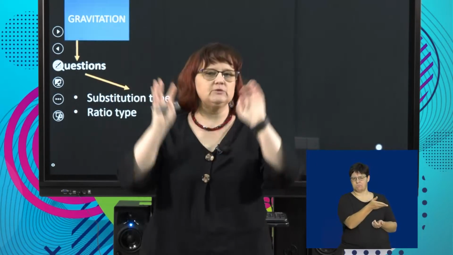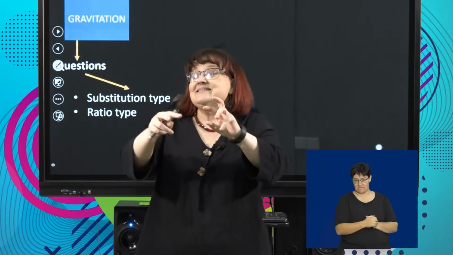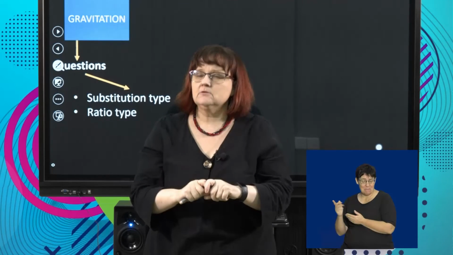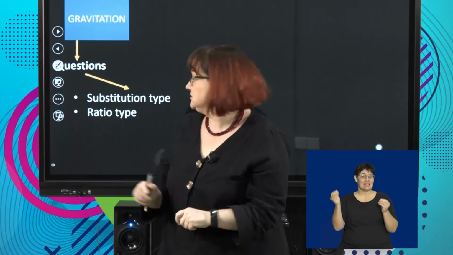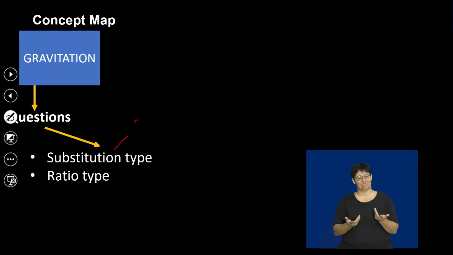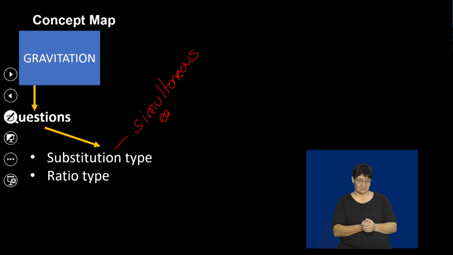We've got values, we substitute them in. Sometimes, with substitution questions, they may end up also being simultaneous equations. Those aren't so nice, but that's just a maths issue, but they're still substitution type questions.